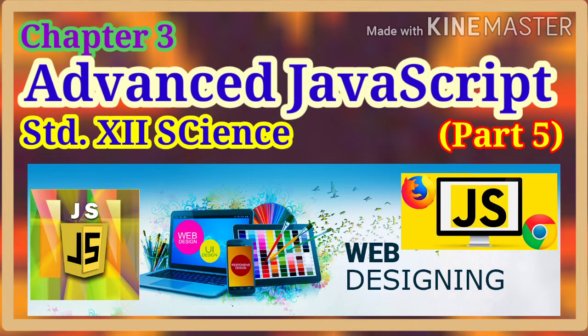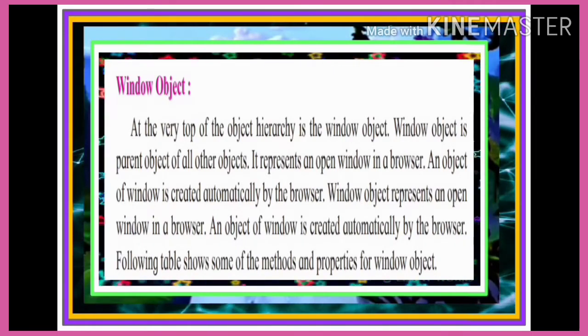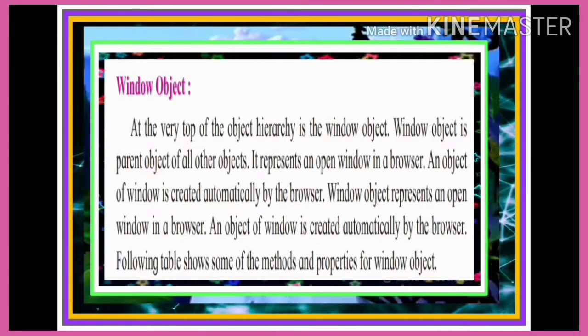Today we are going to start part 5 of chapter 3, Advanced JavaScript. In our last part, we have seen the window object. Window object is a parent object of all the other objects.